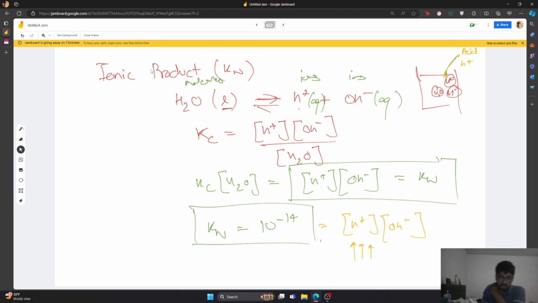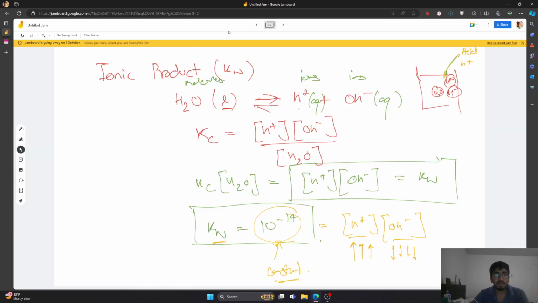Because of the external source. Because the product of this and this is constant, OH minus will reduce, right? This will have important implications later, but the idea that you need to remember is this is called the ionic product of water, Kw, or K of water, and that's always a constant. And why is that specific number 10 power minus 14? That we will also see in a bit. Okay.